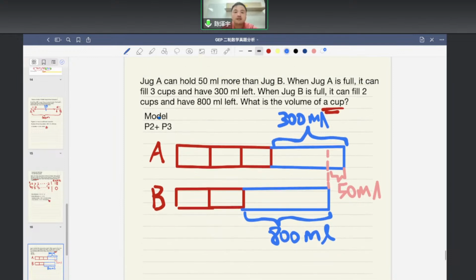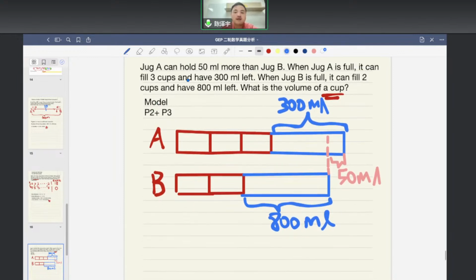To solve this, let me write down the capacity of A. The capacity of A, meaning how much A can hold, is just 3U. One cup is just 1U. Maybe I write it in the model: this is 1U, 1U, 1U.